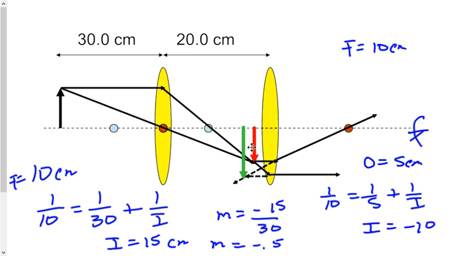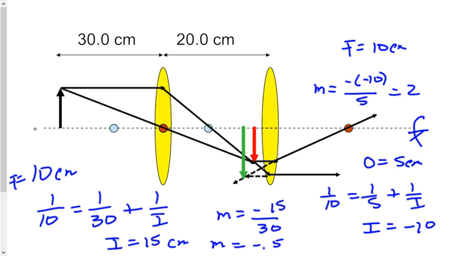Let's calculate the magnification. The magnification has to be minus negative 10 divided by 5, which equals 2. So this green arrow should be twice the size of this red arrow. Again, not drawn to scale. So that's how we calculate the magnification of the second.